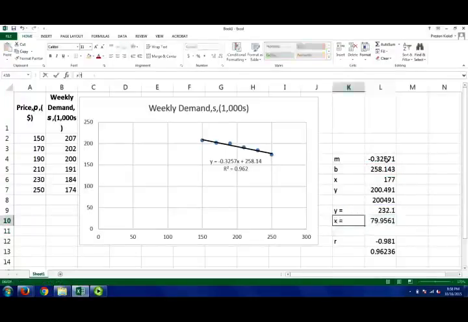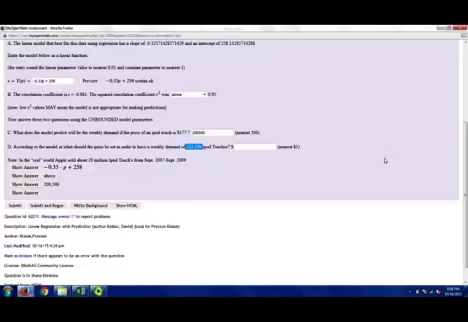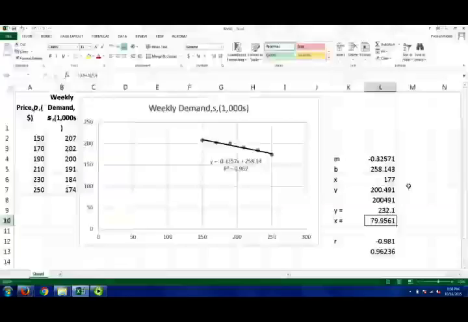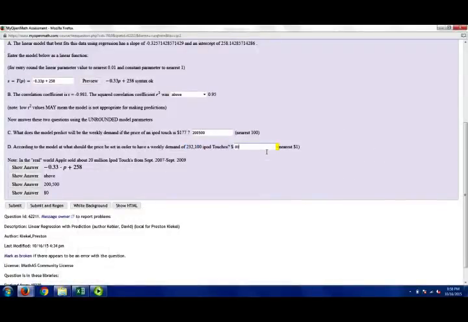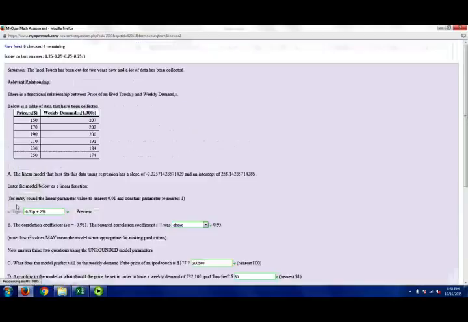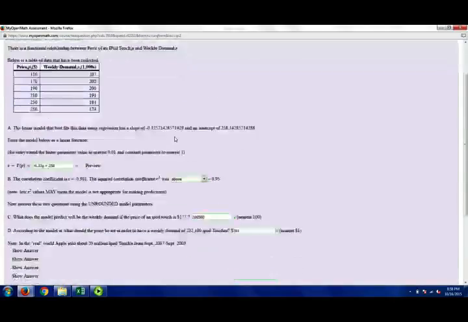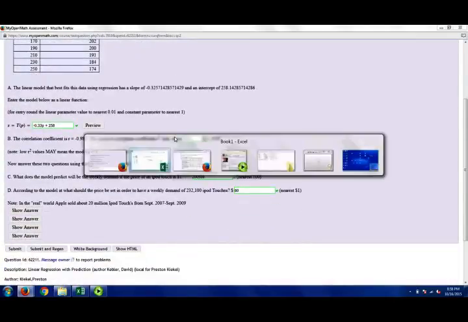So when y equals 232.1, x equals 79.9561, and we want that to be to the nearest dollar. So that should be $80. So submit them, and hooray! They're all green. They're all correct. All right.